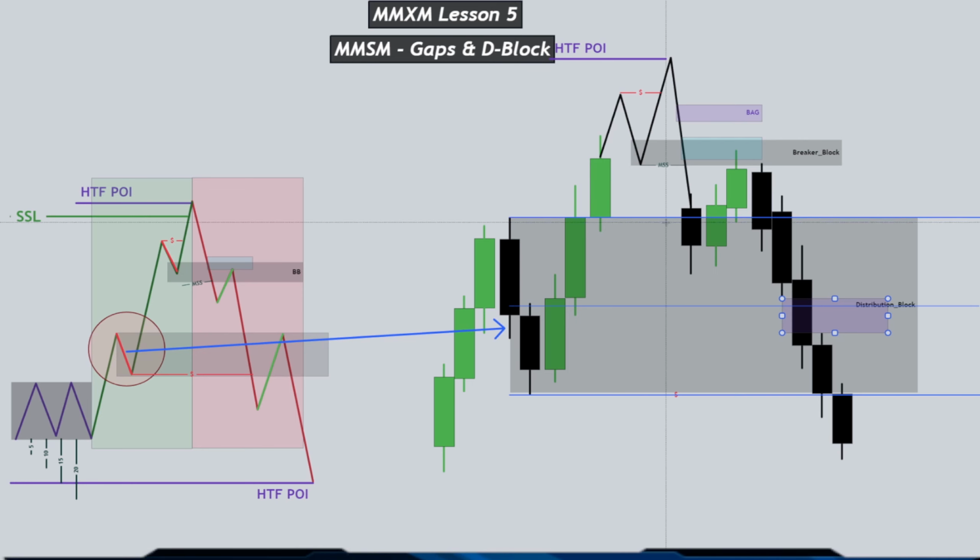Now if it was only a single candle with a distribution block, let's say this is the distribution block, this is your fair value, a better stop loss could have been this candle, that high.